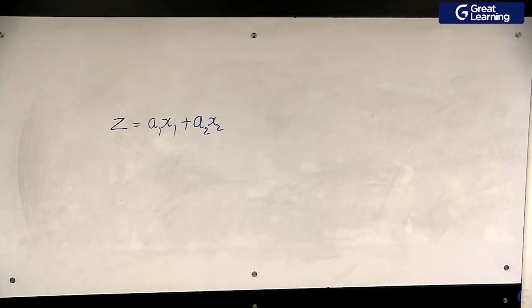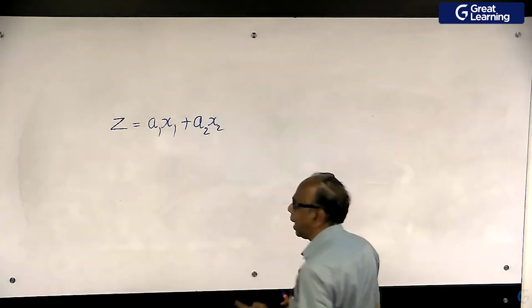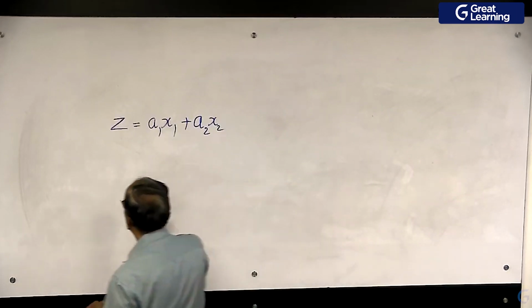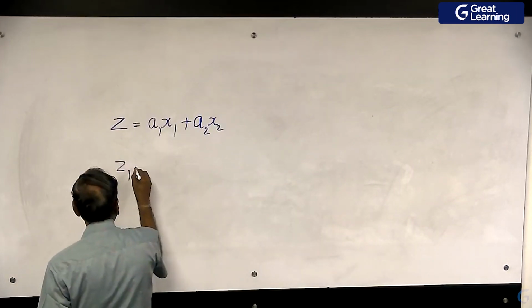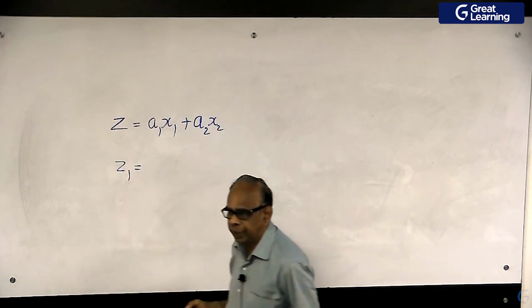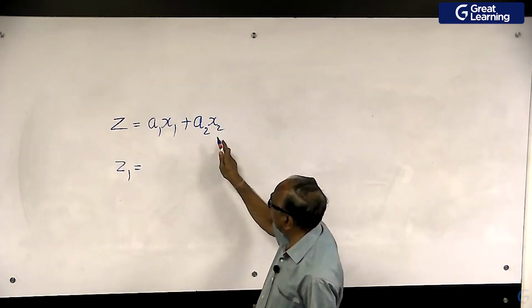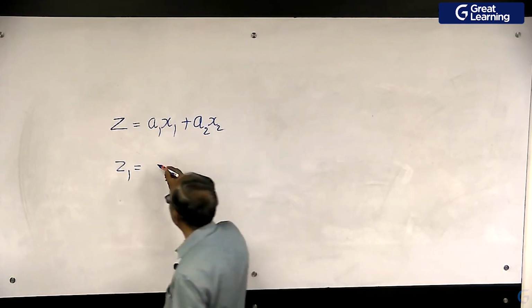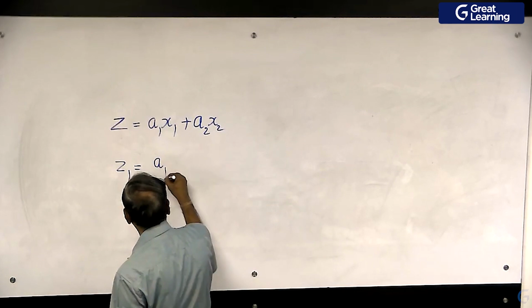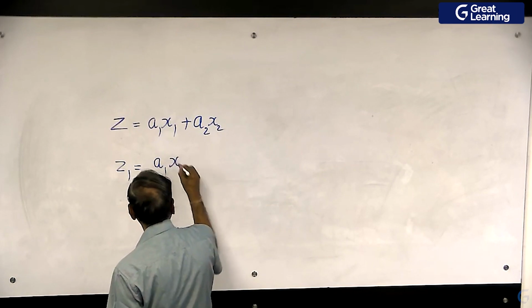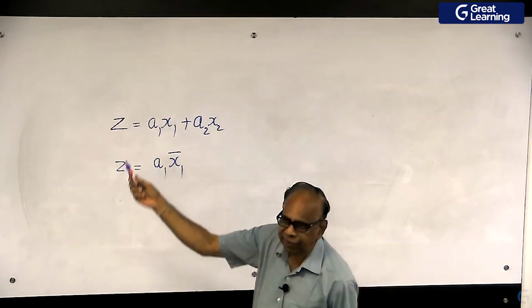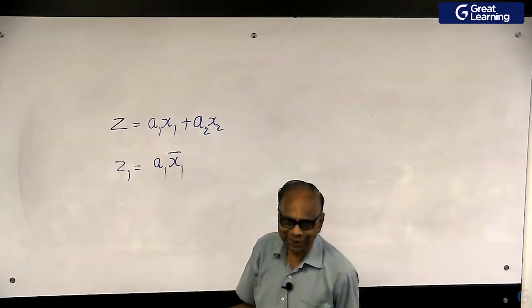So Fisher, what he is saying is that I have two groups. Therefore, I compute Z1 is equal to the mean of X1 and X2 for group 1. A1 times, what is the mean? X1 bar. But I will do it for the first most admired one.